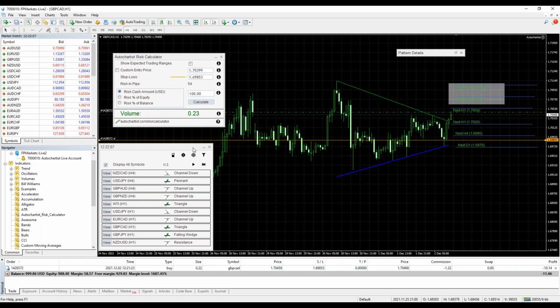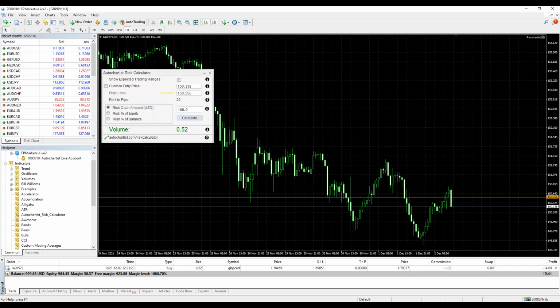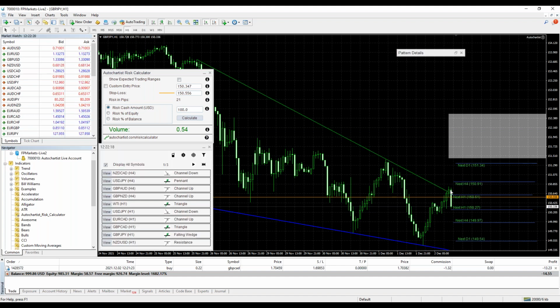Okay, let's look at another trading opportunity that we can try and place. We can see pound yen, very similar in nature, except there's been a strong pullback. Let's see what else we have on the cards.